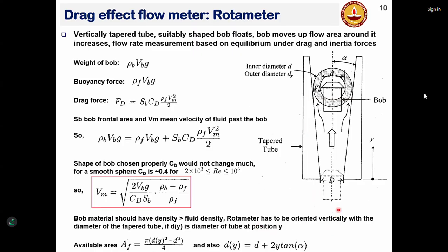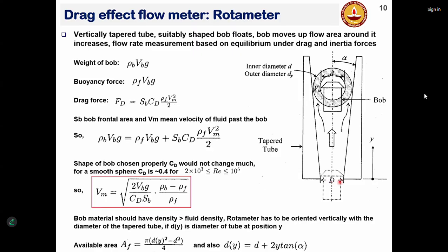Basically, your inlet flow is coming here and the outlet flow is going there. So this rotameter has a tapered tube, as I said, something like this. The ID is tapered. And you have a structure here. The structure is called the bob.